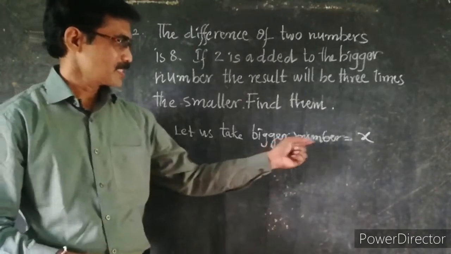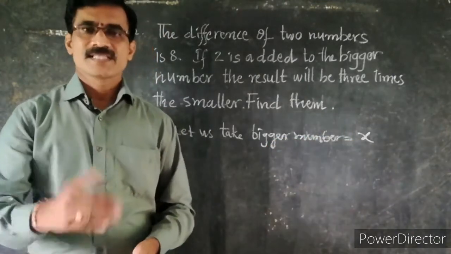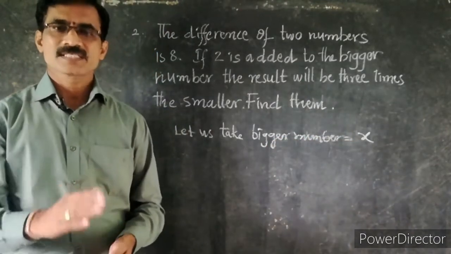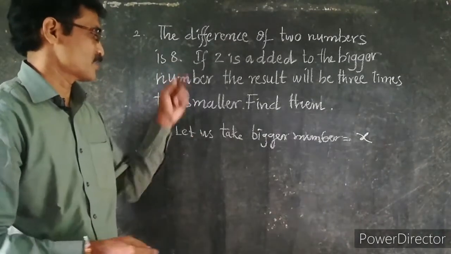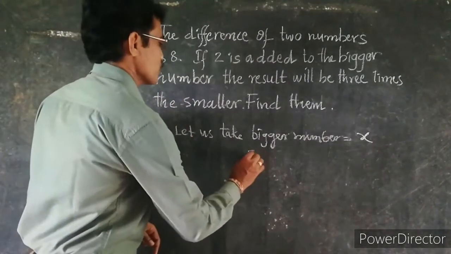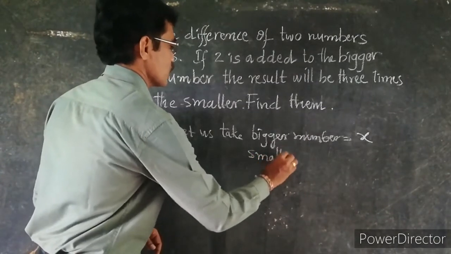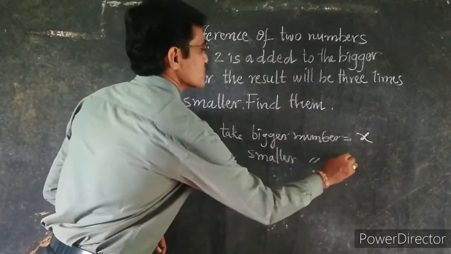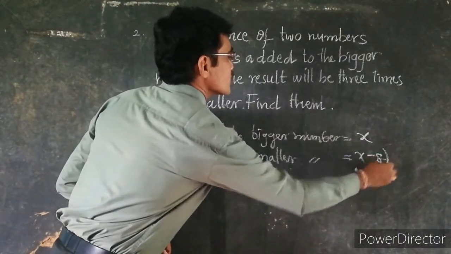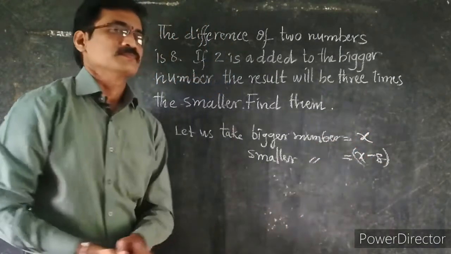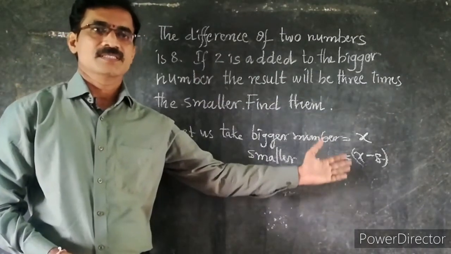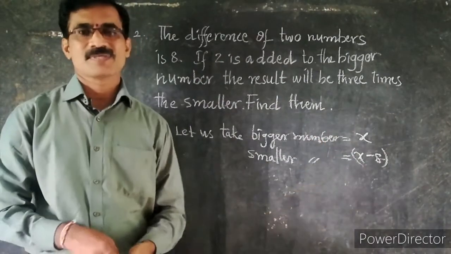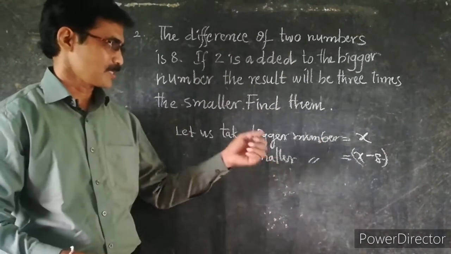So if the bigger number is x, then the smaller number becomes x minus 8, because the difference is 8. By using these conditions you can write the required numbers, bigger number and smaller number.